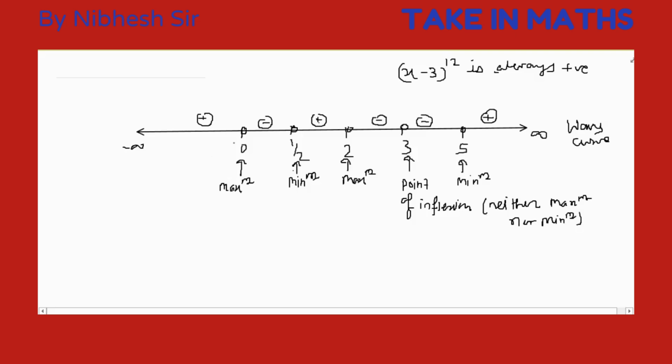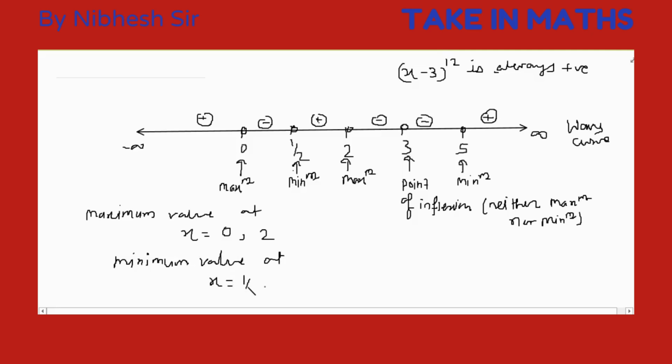So the points where we attain the maximum value are x = 0 and x = 2, and the minimum values are at x = 1/2 and x = 5.